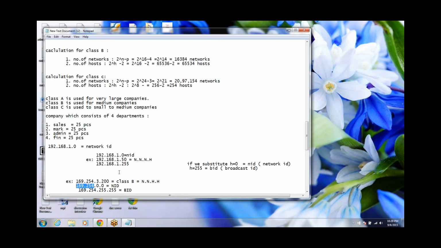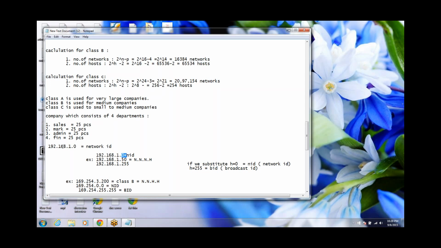Take the example 192.168.1.0. The last octet is H, in N.N.N.H. What does H mean? The number of host bits. How many host bits do you have in class C? The formula is 2 to the power of H, which gives 256 systems. For all these 256 systems, this is the identification number.